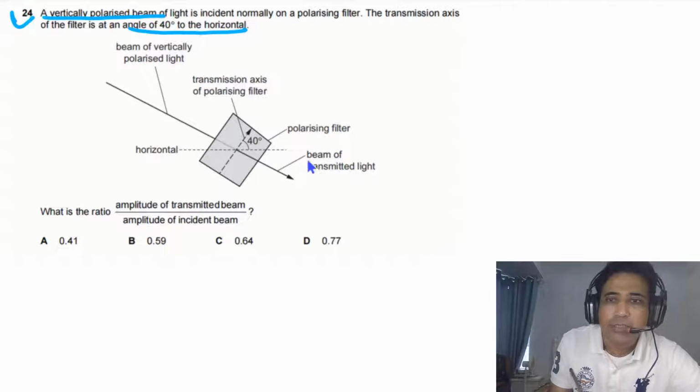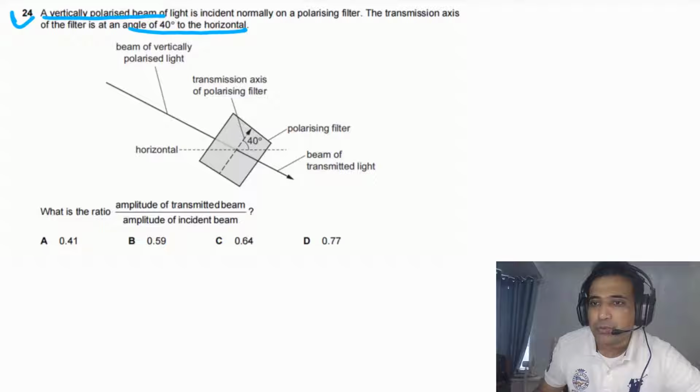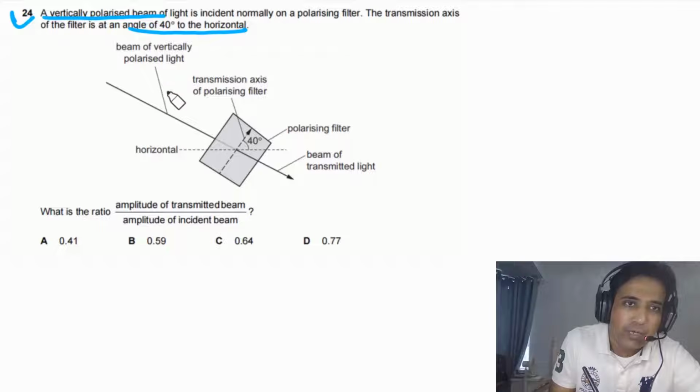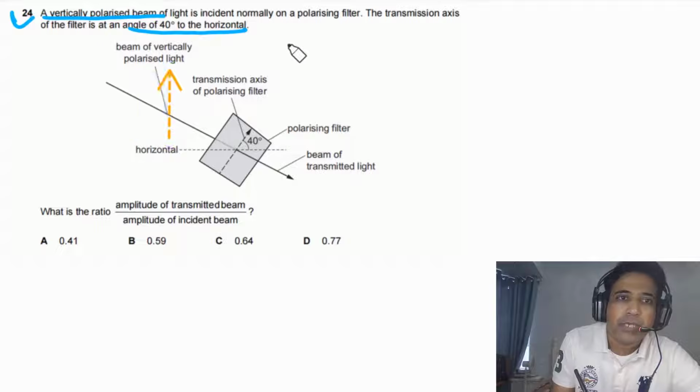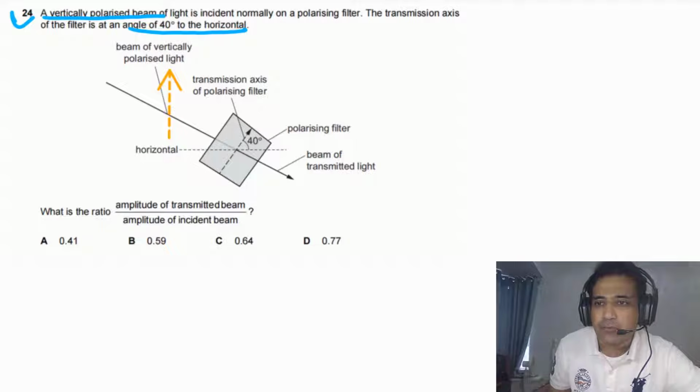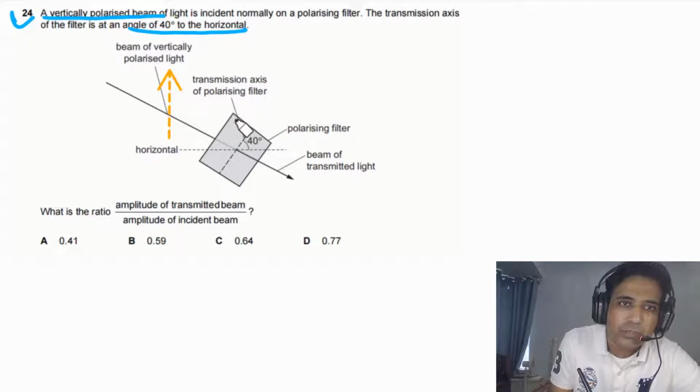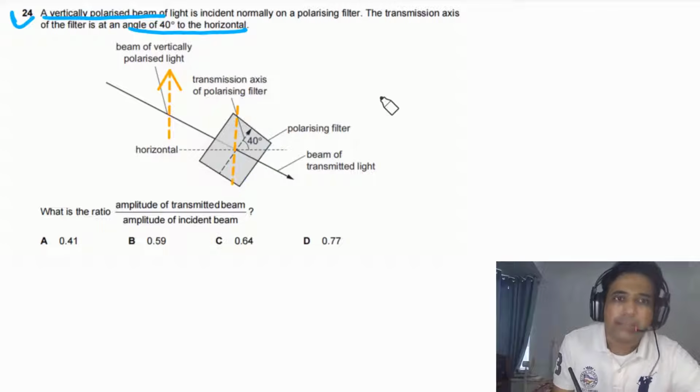In this case, the first thing you need to understand is that the incident light is vertically polarized. So we can draw this vertical arrow to represent that. The second thing we can do is draw the vertical line here, representing the vertical axis.